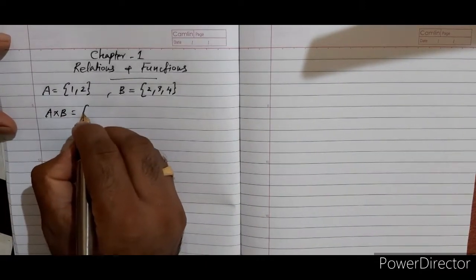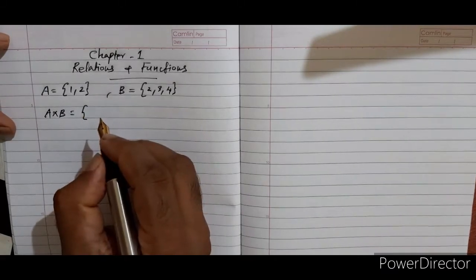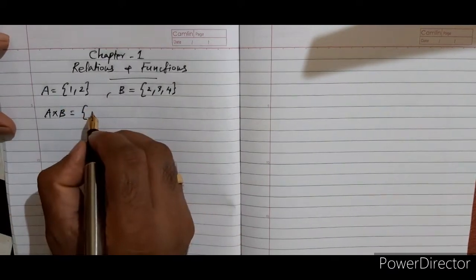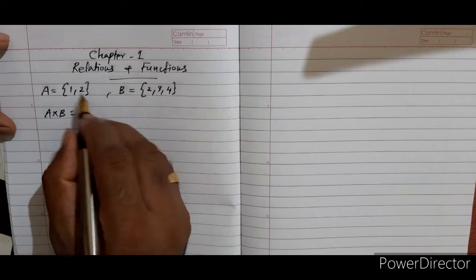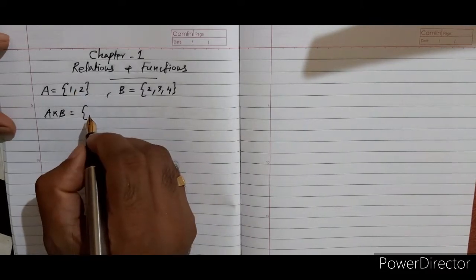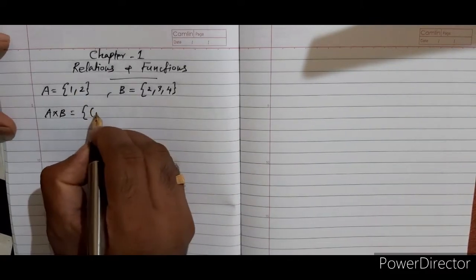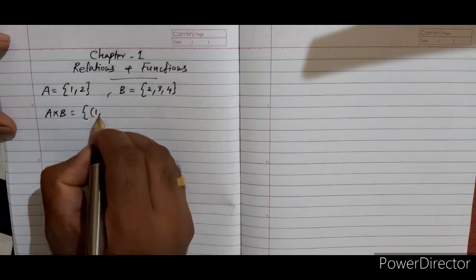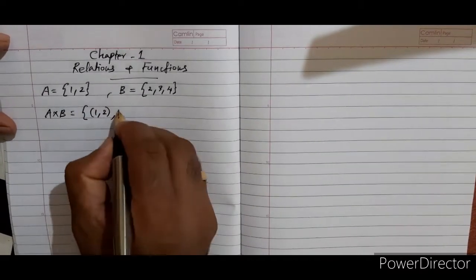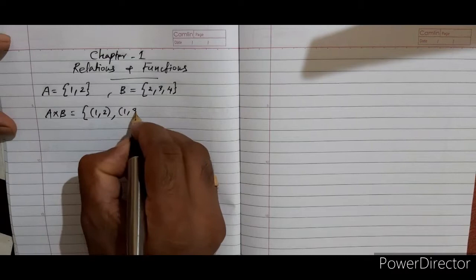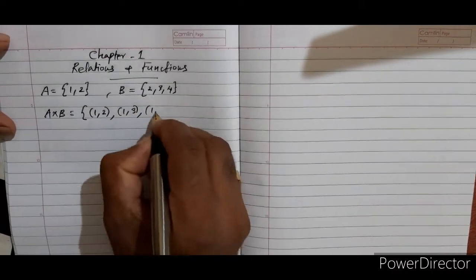A cross B means you form all ordered pairs from A and B, where the X coordinate should be from A and the Y coordinate from B. So the first ordered pair that we can form is (1, 2). Second ordered pair (1, 3), and third one (1, 4).